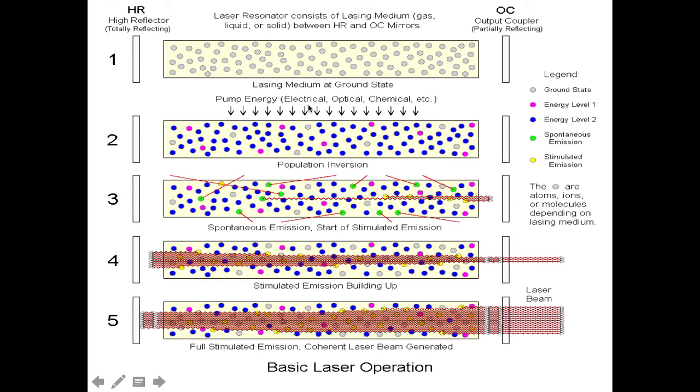That pumping can be done by electrical, optical or chemical means. The atoms get excited from the ground state to the excited state, and then spontaneous emission can occur from the excited state.